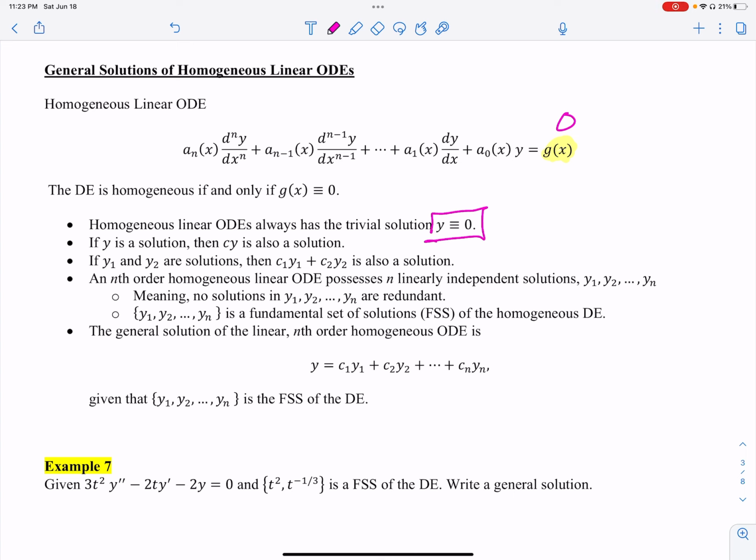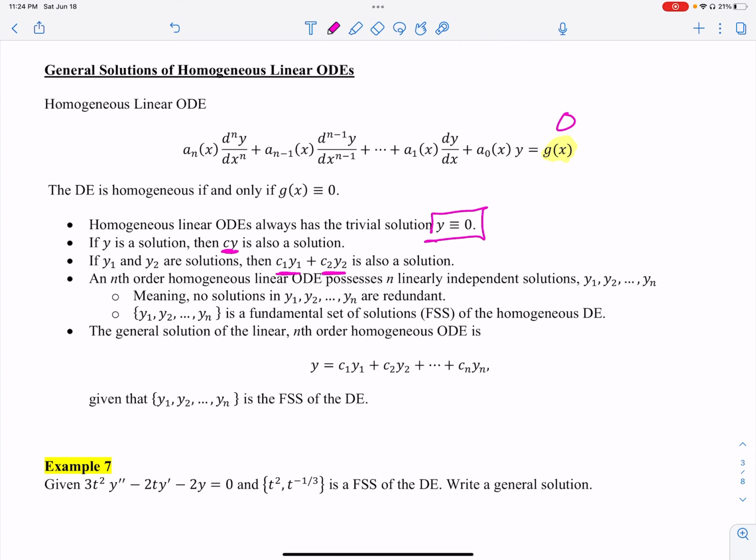So we always have that for a trivial solution. The reason we call it trivial is it's just 0. It's understood. If y is a solution, then I can multiply. This is superposition stuff that we kind of talked about in the last section. If y is a solution, I can multiply that solution by a constant. If I have two solutions, y1 and y2, then I can multiply both of those and add them together to get a solution here. Now, here's a new thing.